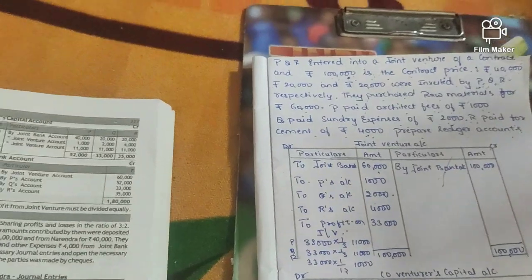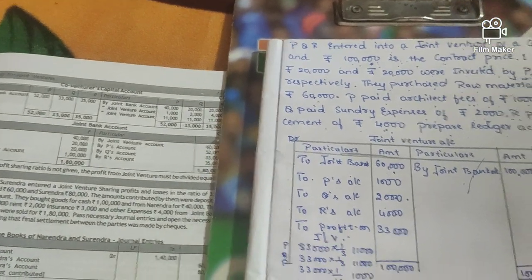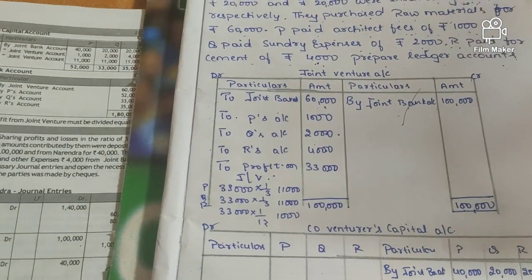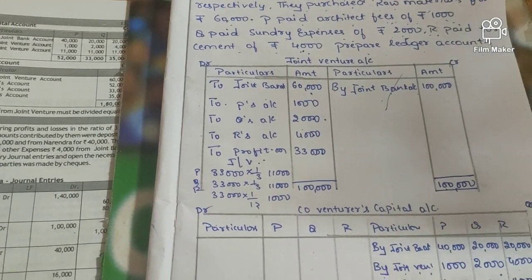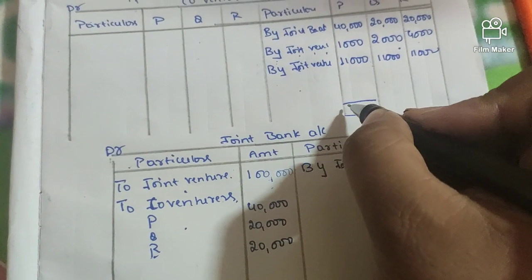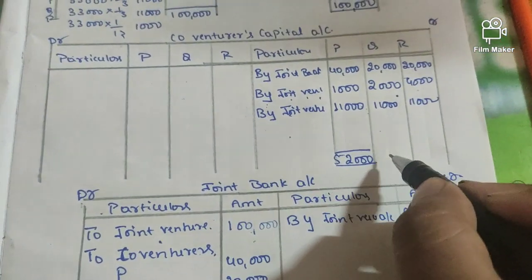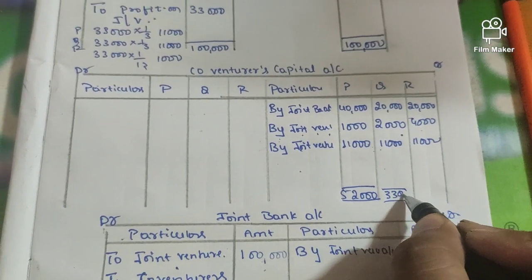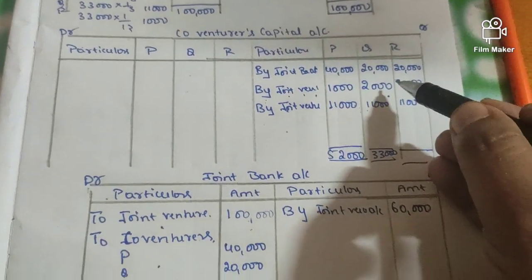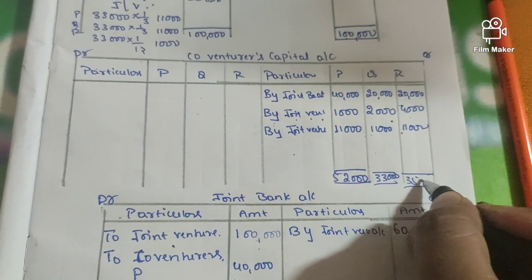Okay, next we will total it here. Which side is more? We don't have any entry at the debit side now. So we will total it. I think this side will be the more. So 40 plus 12, 52,000 here. For the next, 20 plus 13, 33,000, and for R it is 20 plus 15, 35,000.